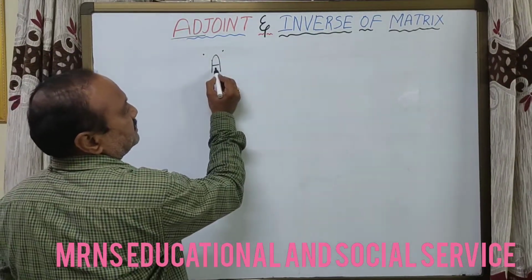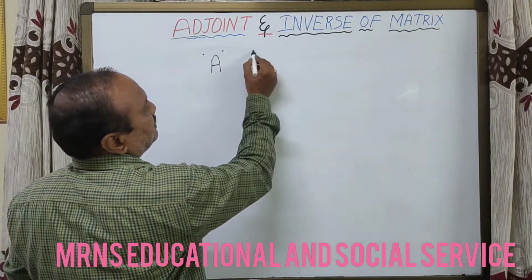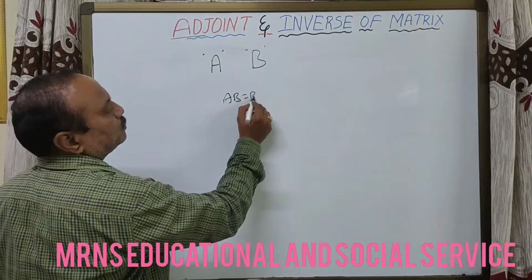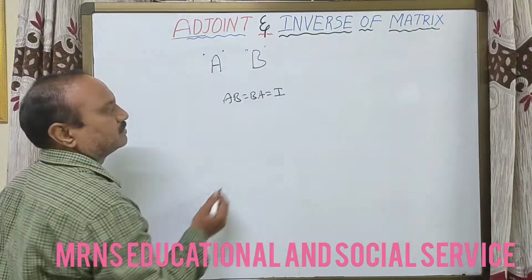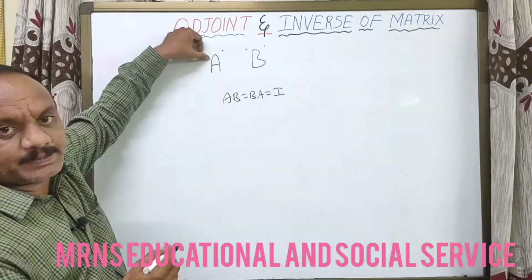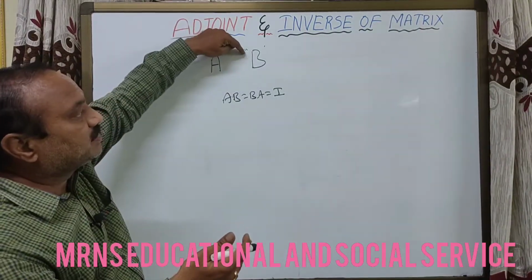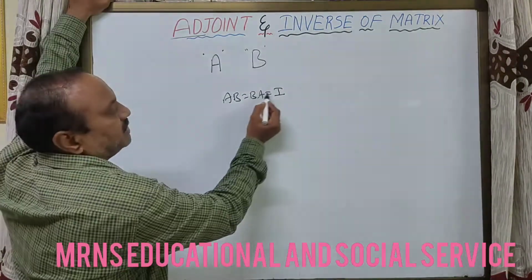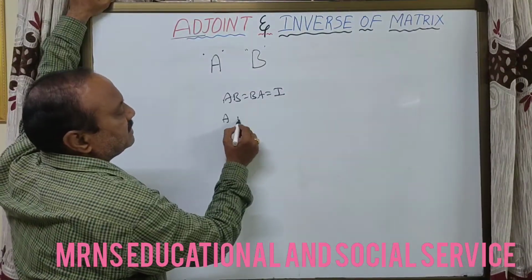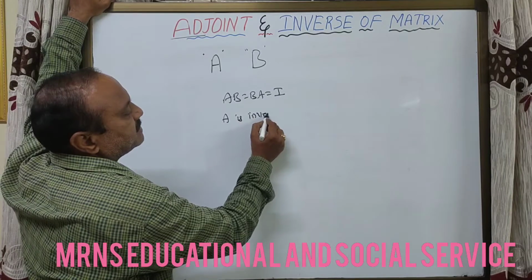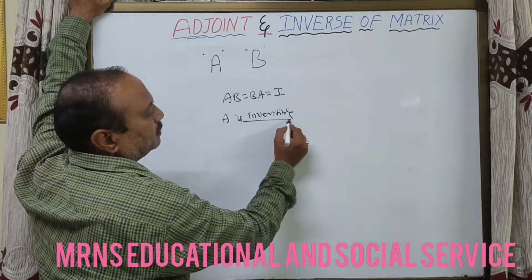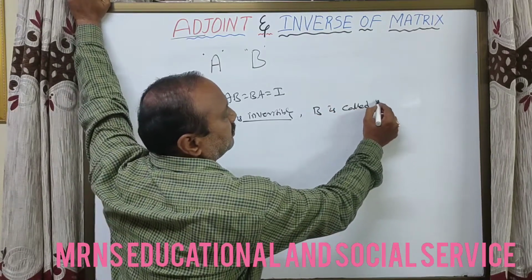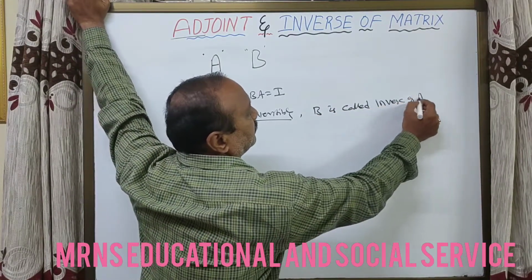Let us take a matrix A. There exists another matrix B of the same order of A such that AB equal to BA equal to I. Then A is invertible, that means inverse exists, invertible, and B is called inverse of A.